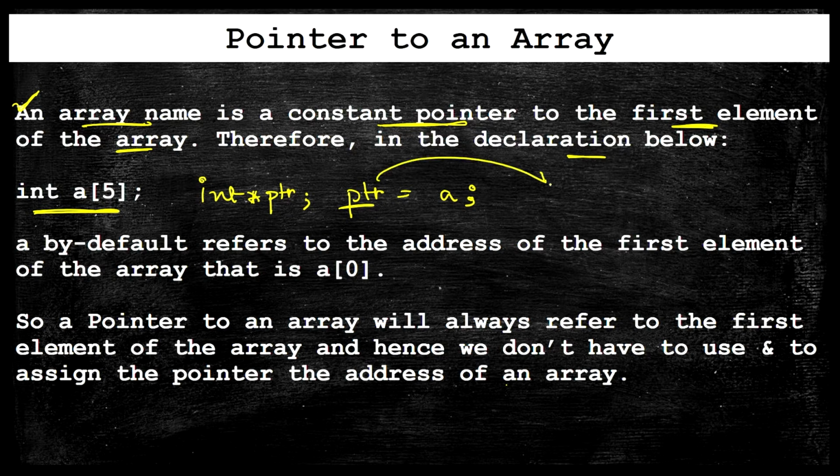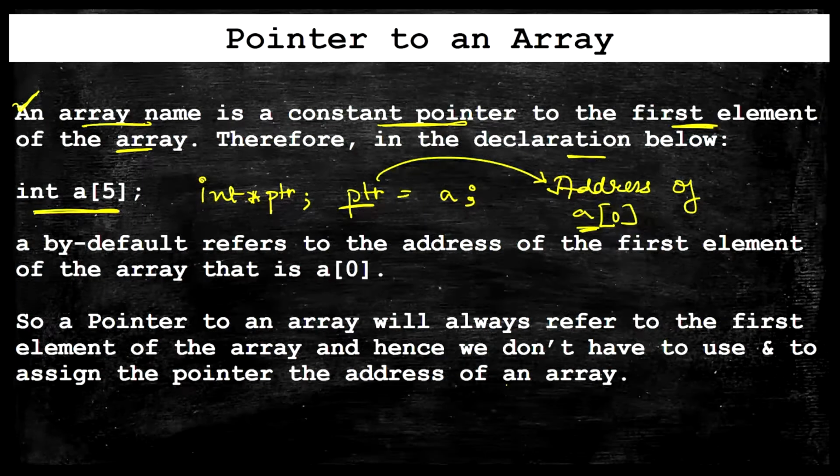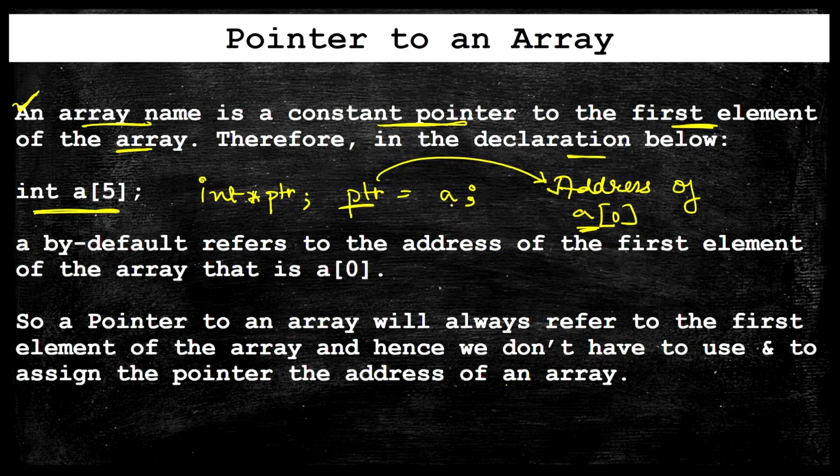Ptr will have the address of a[0] always, because the array name always points to the first element of the array.